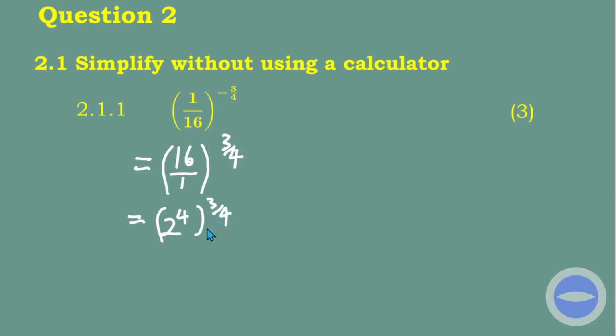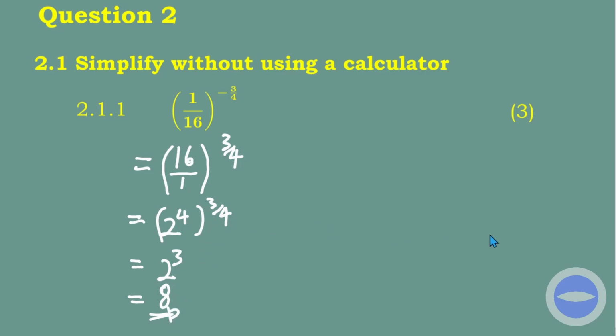The next step is to multiply the exponents, because here the 2 exponent 4 is inside the brackets, so we are allowed to multiply the exponents. When we multiply the exponents, 4 will cancel 4, so we are left with 2 exponent 3. Then 2 exponent 3 is the same as 8, which is the answer for this question. So the answer is 8.